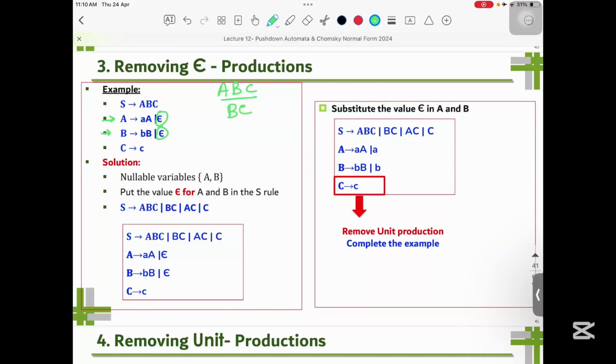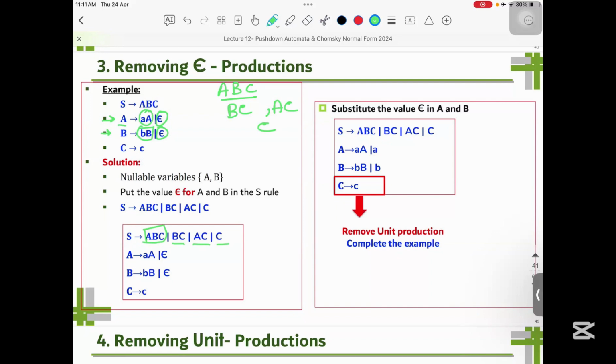If B is null, I am left with AC. If A and B both are null, I am left with C. So you can see BC, AC, and C, and ABC is here, because A is also equal to aA and B is also equal to bB.